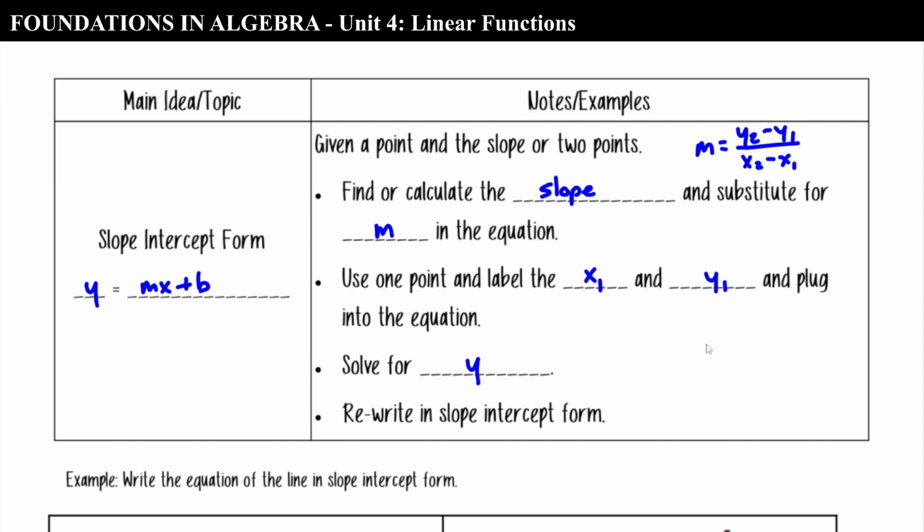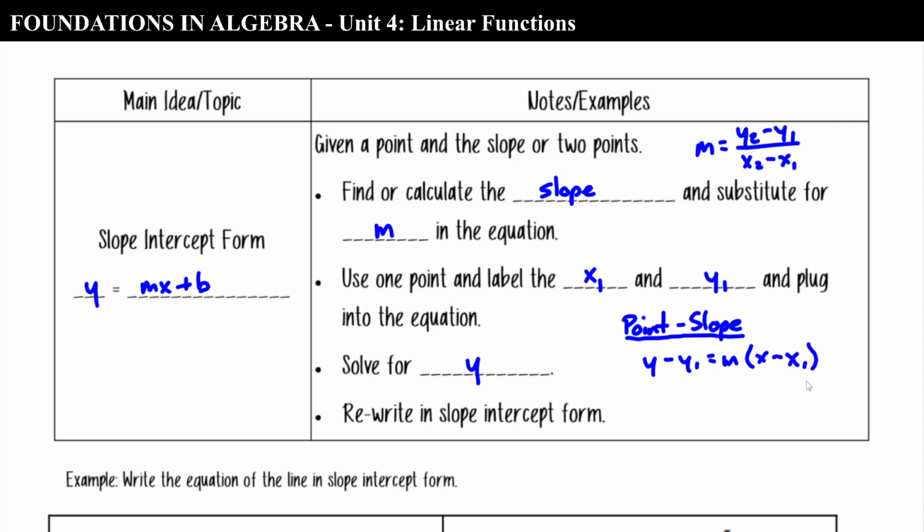So let's get another form, and this is called point-slope form. This is what you're going to plug into when you have a point and the slope. Point-slope form is y minus y1 is equal to m times x minus x1.